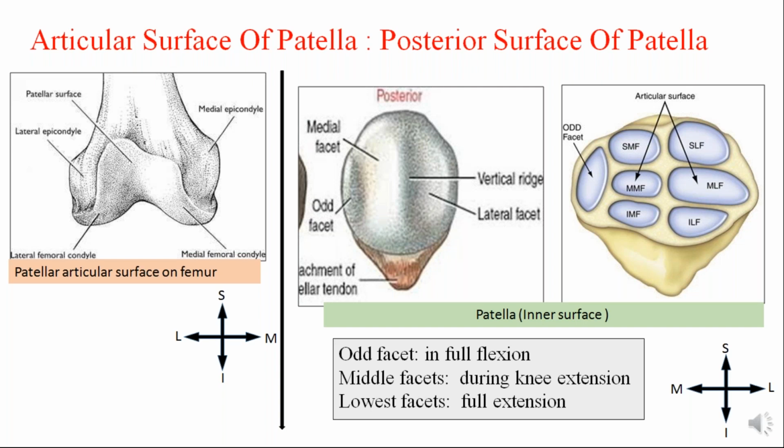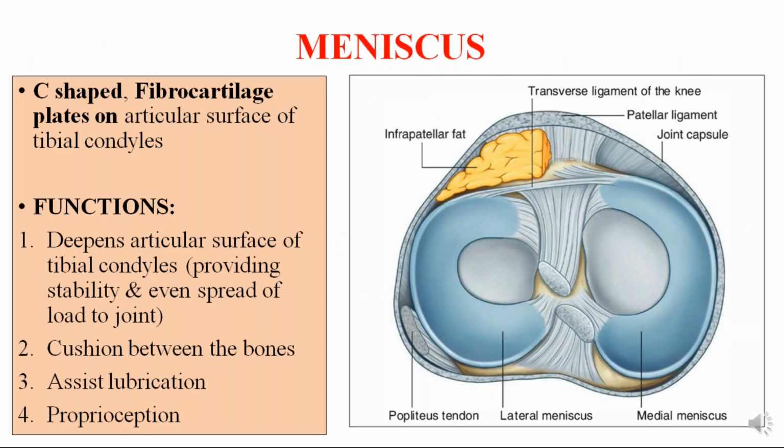So after understanding all the articular surfaces involved in the knee joint, we came to the conclusion that the articular surfaces were incongruent. To improve the tibiofemoral congruency, we mentioned that menisci are required. Menisci are C-shaped fibrocartilage plates on the articular surface of the tibial condyles.